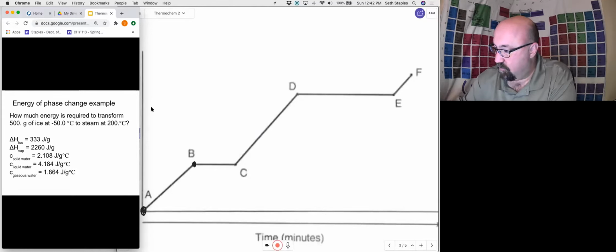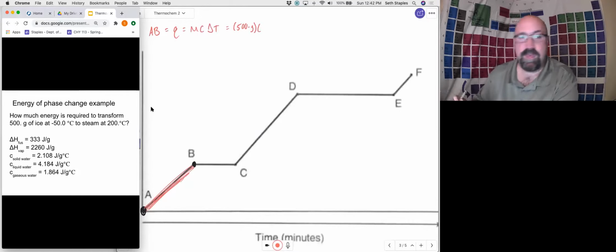And so for portion AB, that's our Q equals mc delta T. We have 500 grams of ice. Now we would have to look up the C for solid water.